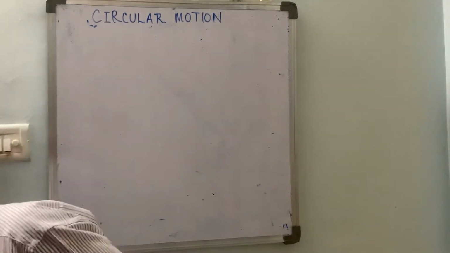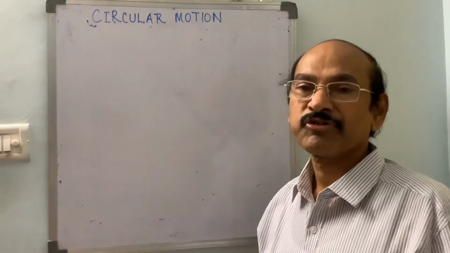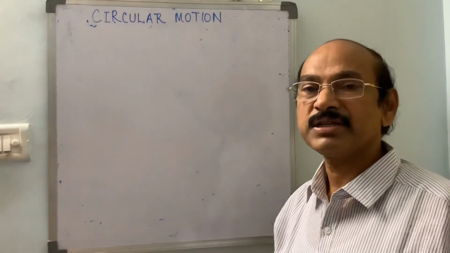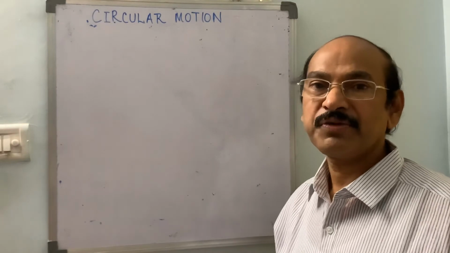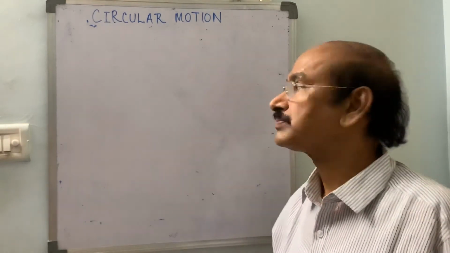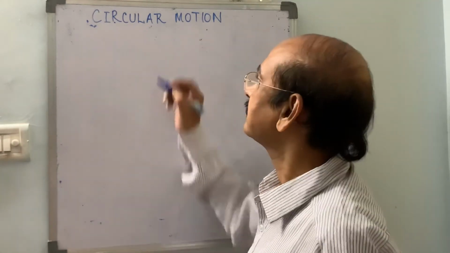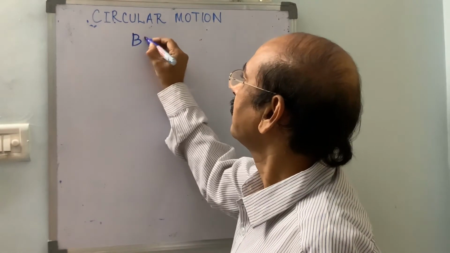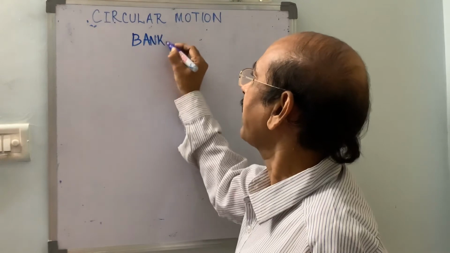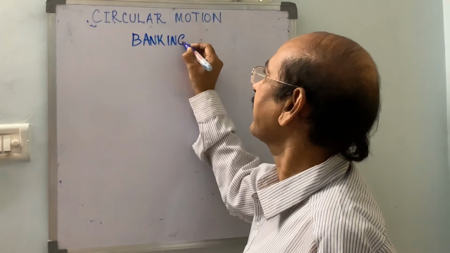Therefore, when a body moves along a circular path, it experiences centrifugal force, due to which the body skids. Now let us know about banking of roads and railway tracks.